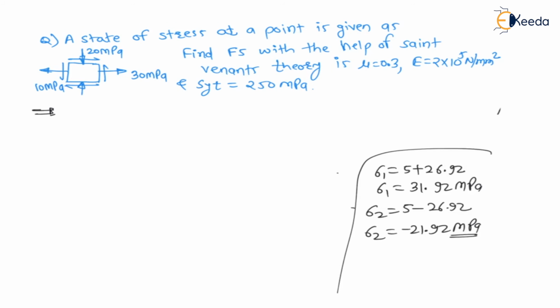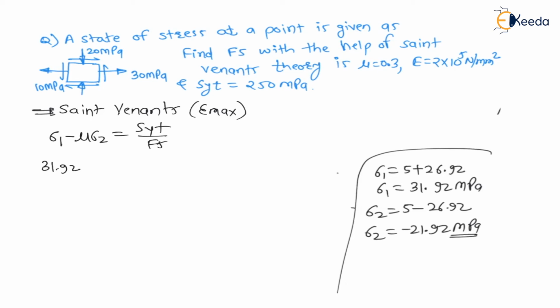As per Saint Venant's theory, or as per Emax theory, the final result is sigma 1 minus mu sigma 2 is equal to SYT divided by factor of safety, and our target is to find the factor of safety. Therefore, sigma 1 is calculated as 31.92 minus mu, which is given as 0.3, times sigma 2, which is minus 21.92, is equal to SYT, which is given as 250, divided by factor of safety.